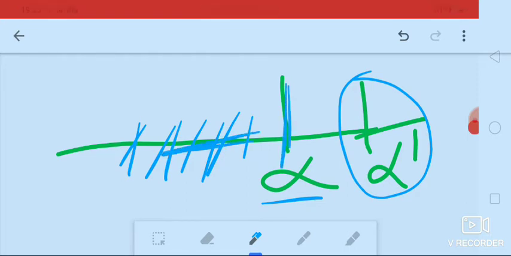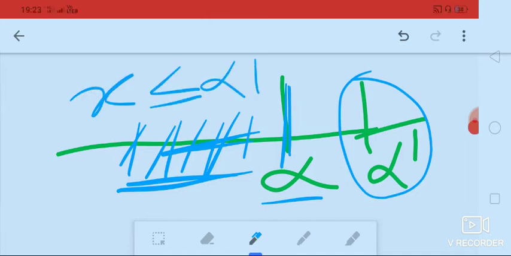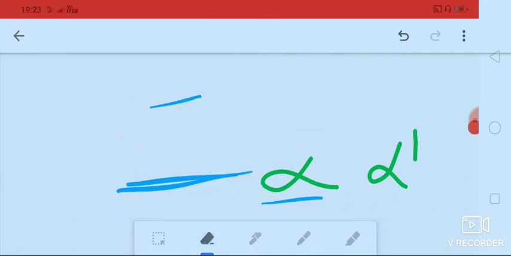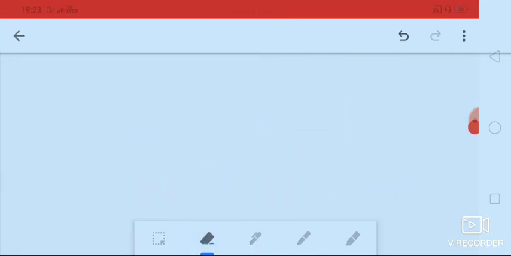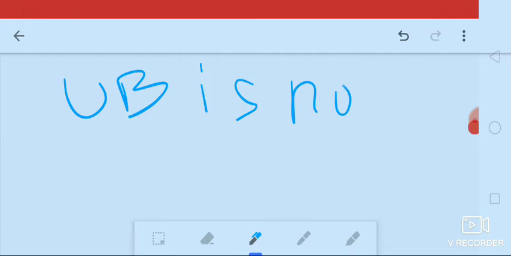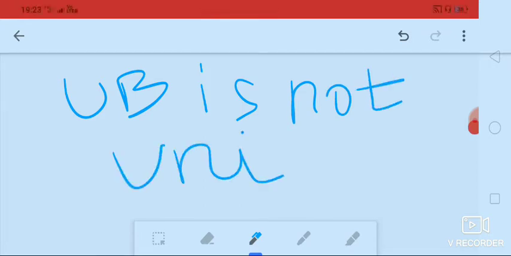It does not cross this vertical line, so every element is less than or equal to alpha dash. So the upper bound is not unique.